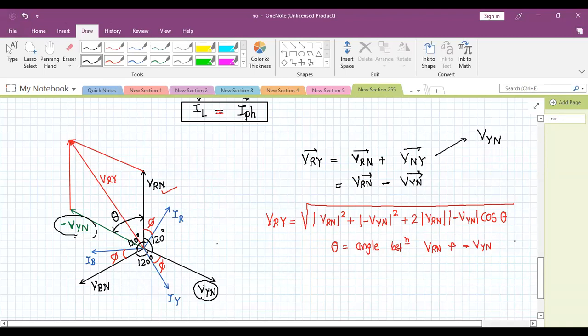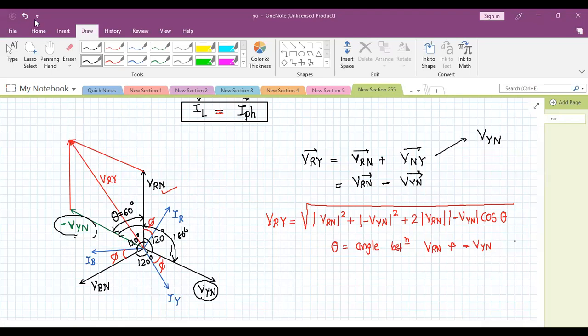What is the angle between VYN and minus VYN? It is 180, yes or no? And this angle is 120 between VRN and VYN. So 180 minus 120 is 60 degree. So theta is equal to 60 degree.